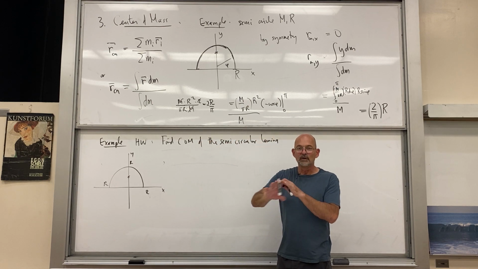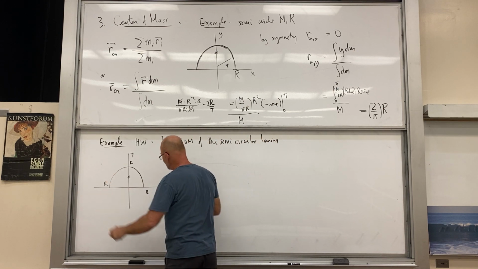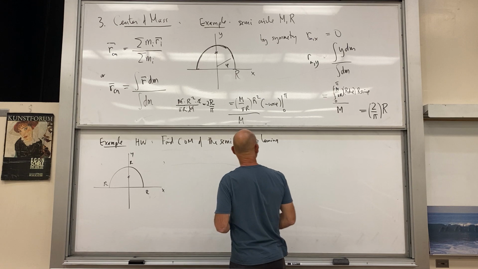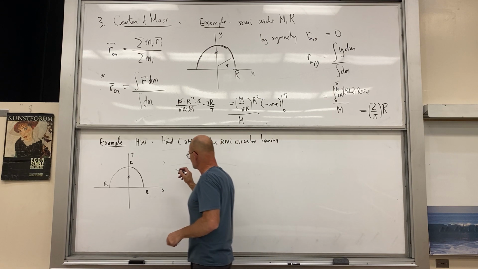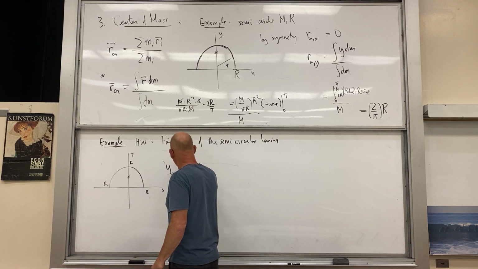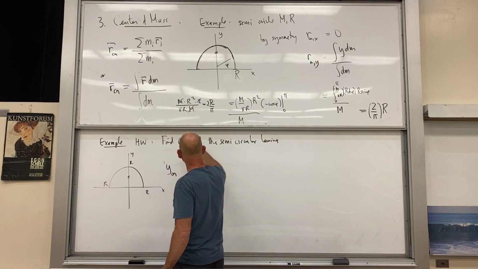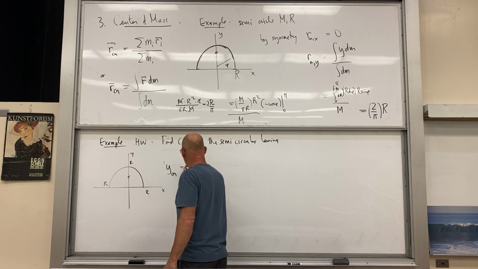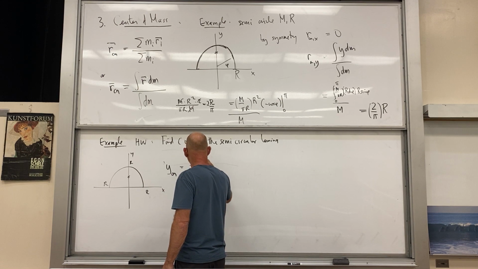And since it's a continuous distribution in the plane, we expect to get something different. So we can set it up. The Y coordinate of the center of mass would be 1 over the total mass.